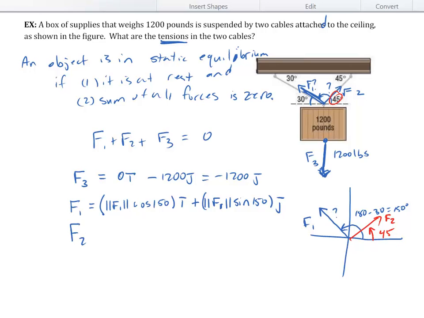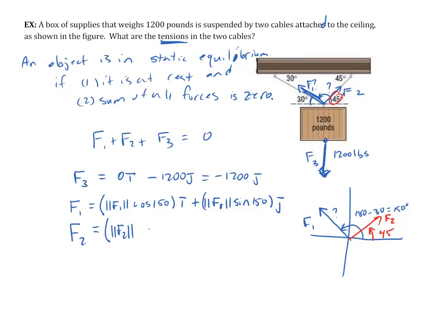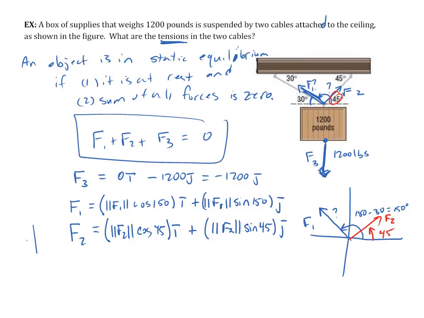So for F2, we end up with magnitude of F2 times the cosine of 45 times i, plus the magnitude of F2 times the sine of 45, all times j. And this equation right here says all three of these had to add up to give me 0i plus 0j.